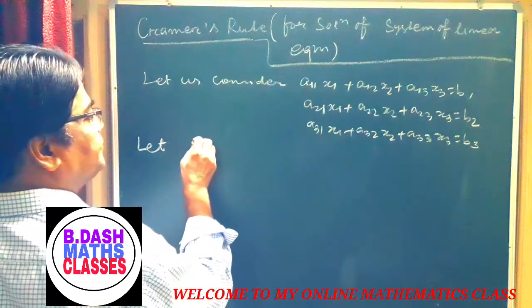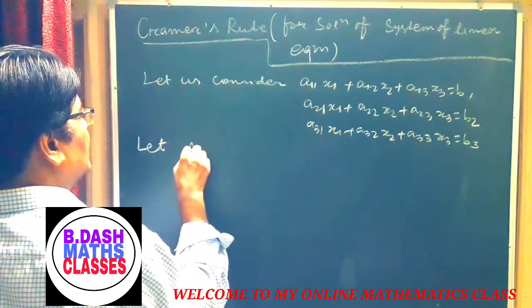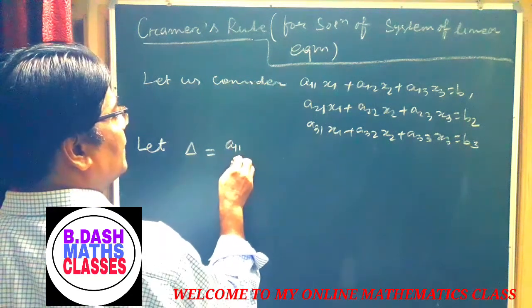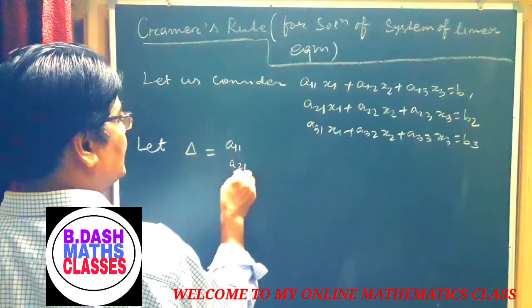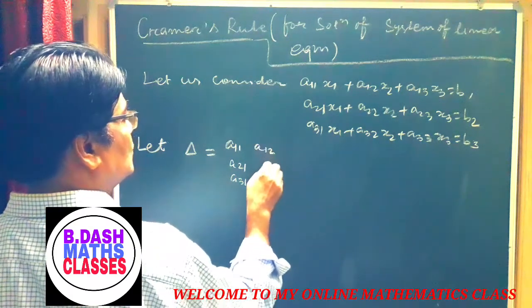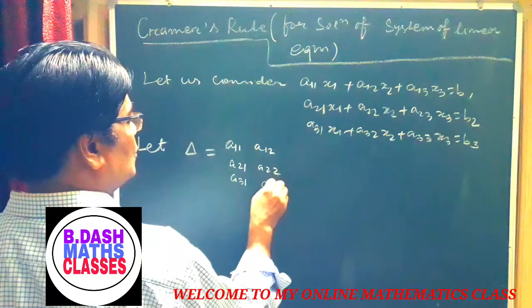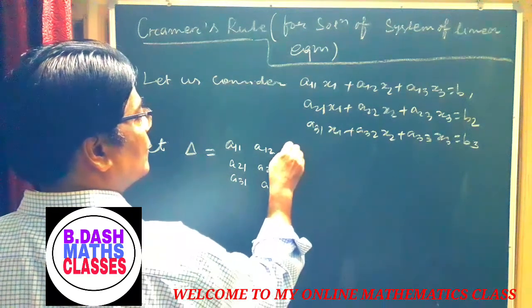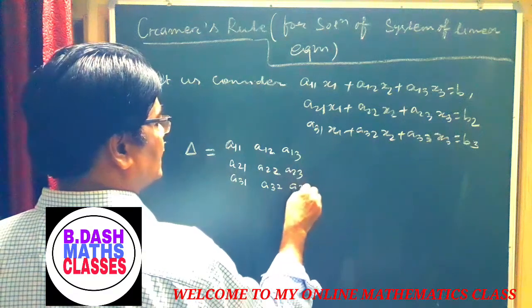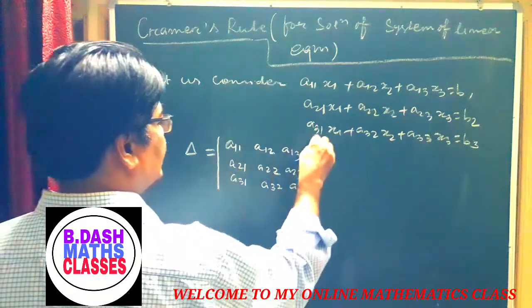Let delta be the determinant with rows a11, a12, a13; a21, a22, a23; a31, a32, a33. This is delta.